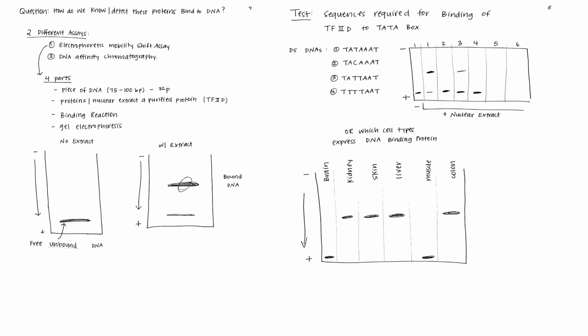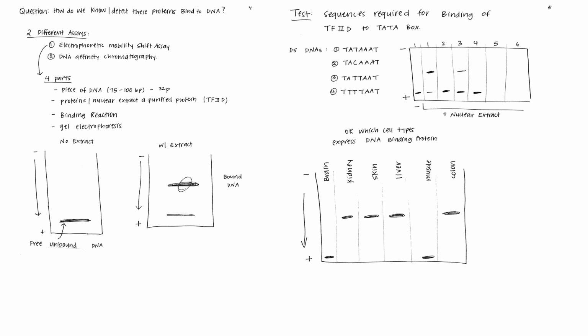Another way to use this type of experiment is to ask the question, what cell types is this protein expressed in? That's often extremely important to know, which DNA binding protein is expressed in which cell type. And for this experiment, you would use the classic TATA box sequence and label it.